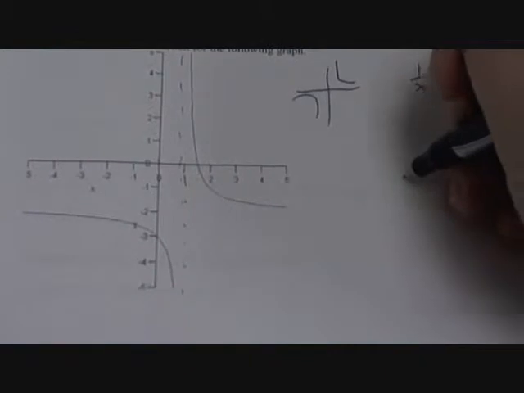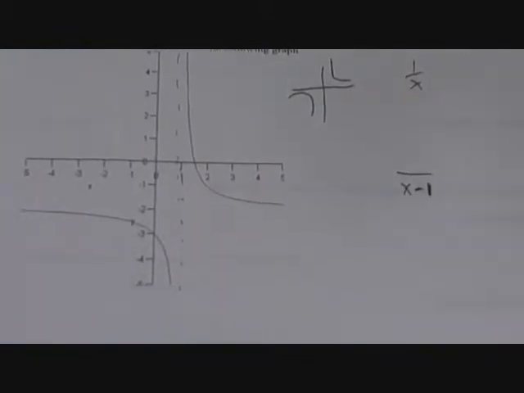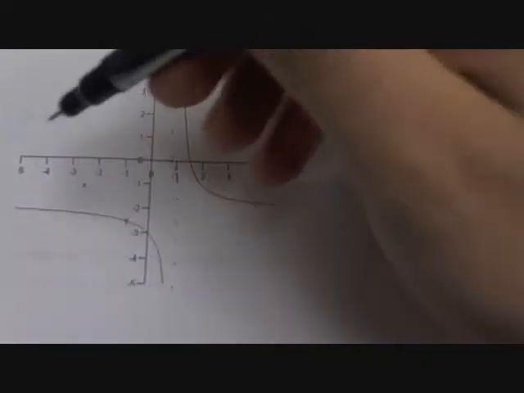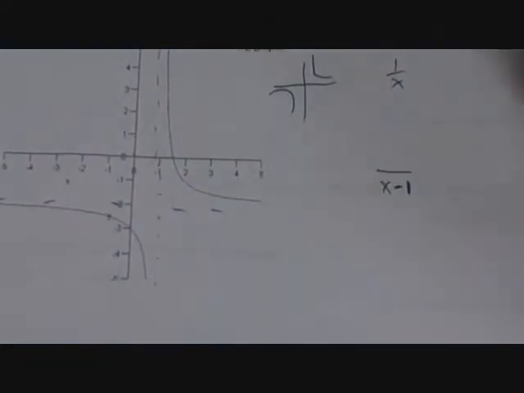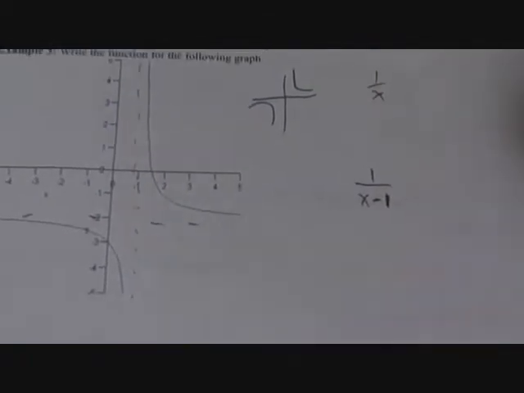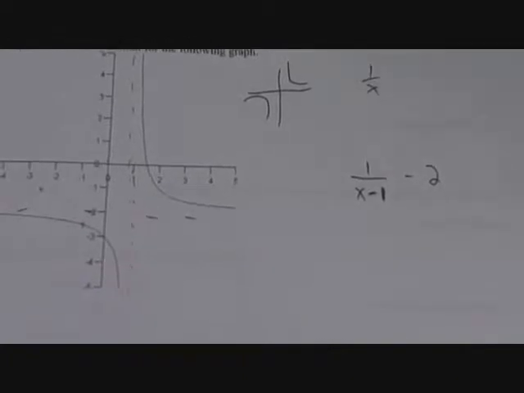The bottom is going to be x minus 1 because it goes to the right. Then the horizontal asymptote is at negative 2, so it went down, so we say minus 2. So that's pretty much it.